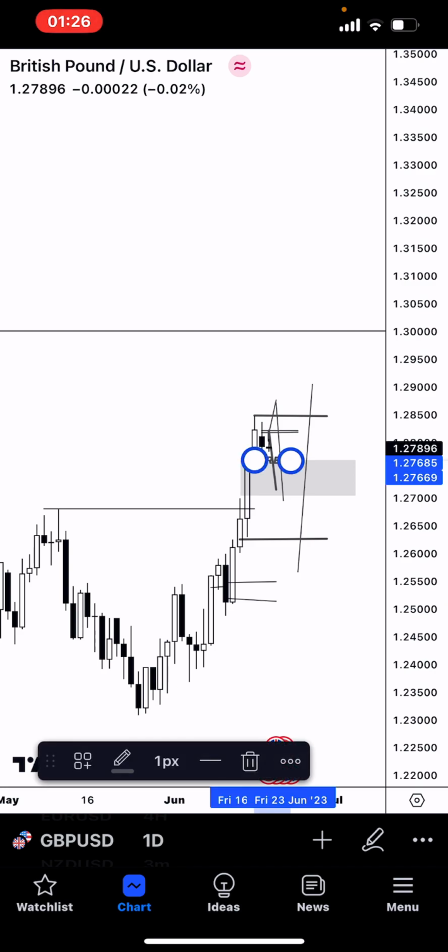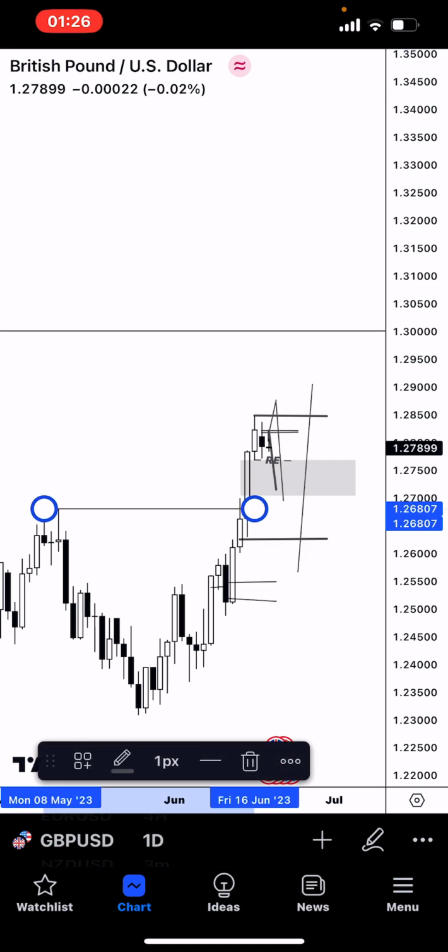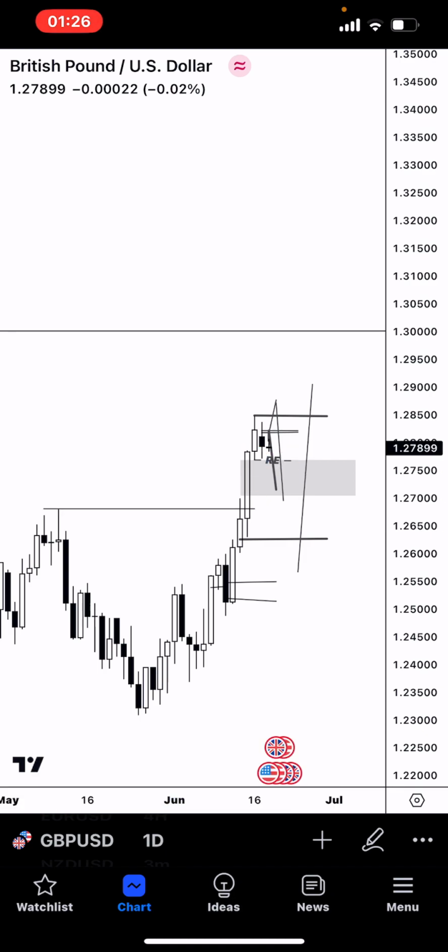Okay, and as we broke above the high, we've created a fair value gap. And remember, on the daily time frame, what I use is the fair value gap, and I also use the significant times, so the New York open price for the previous days, or the Sunday open price.